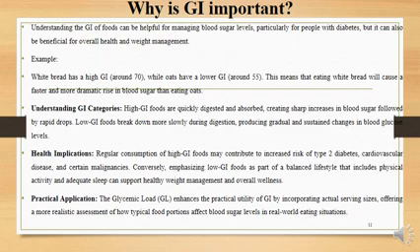Regular consumption of high GI food may contribute to increased risk of type 2 diabetes, cardiovascular diseases, and certain malignancies. Conversely, emphasizing low GI food as part of a balanced lifestyle that includes physical activity and adequate sleep can support health, weight management, and overall wellness.